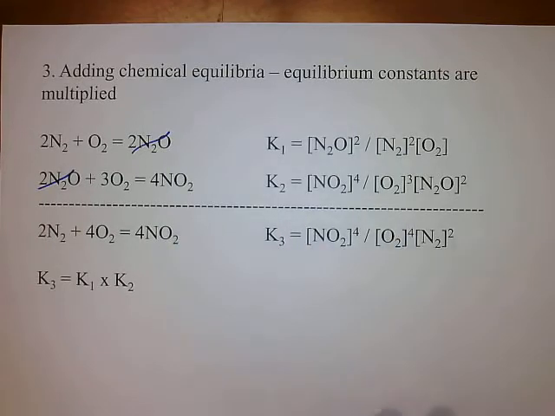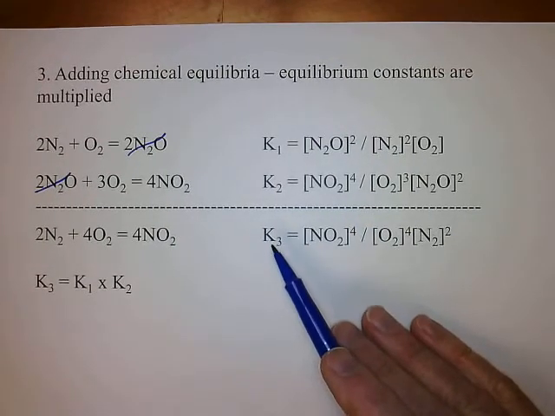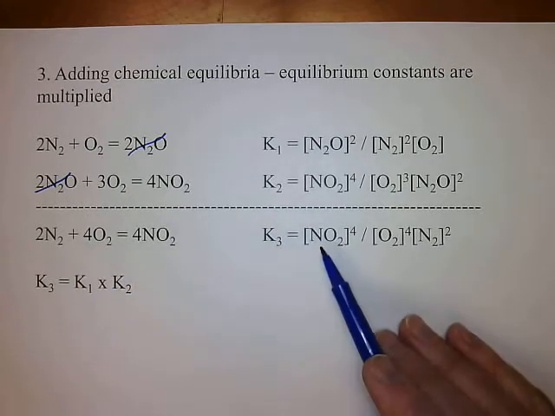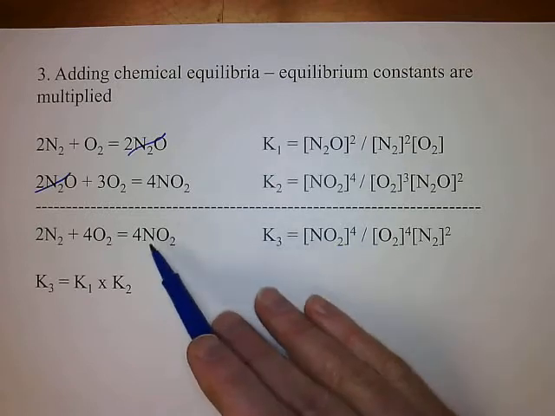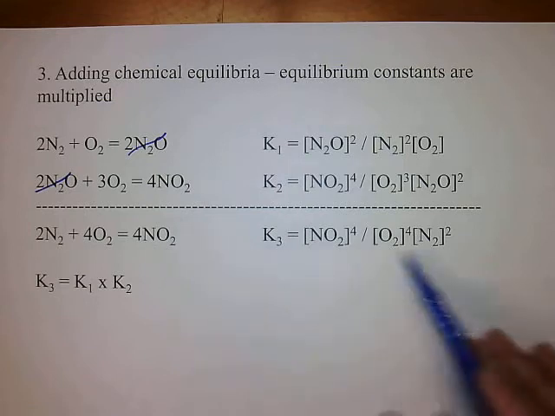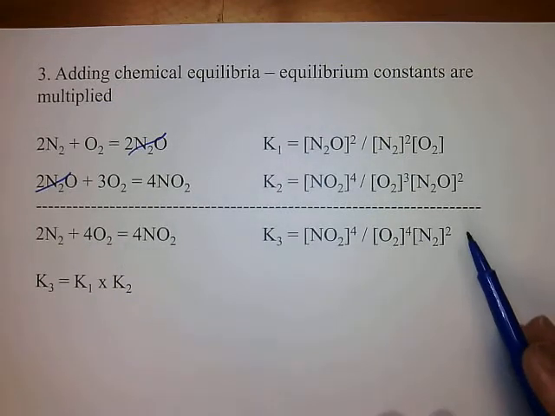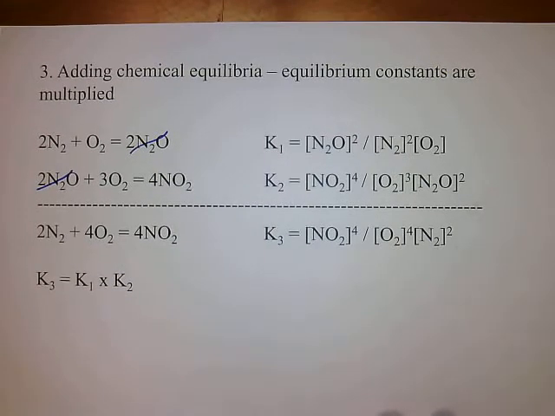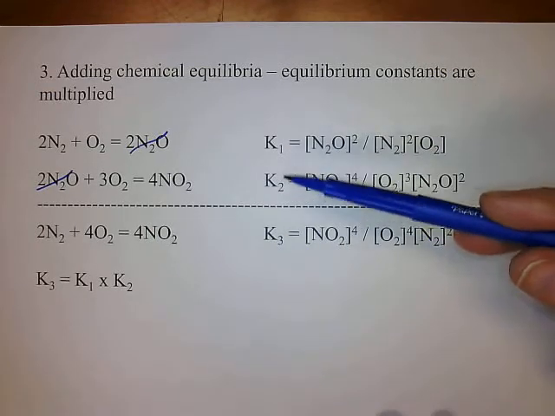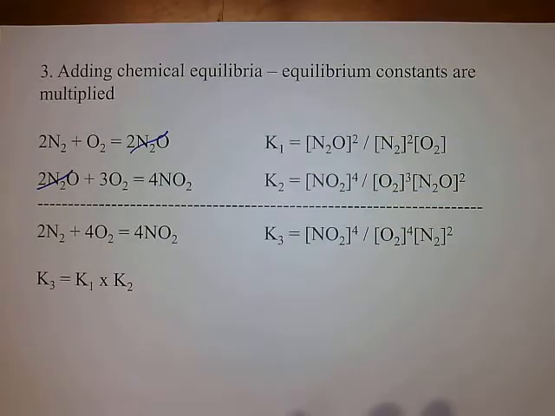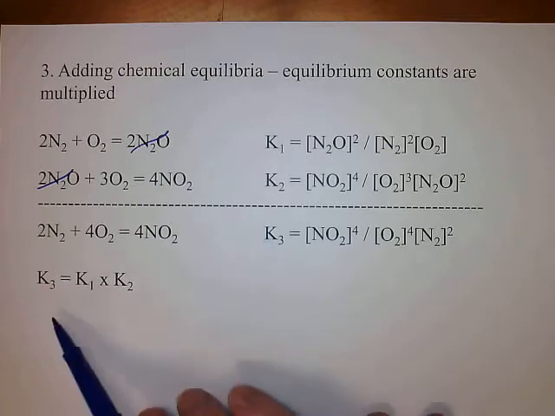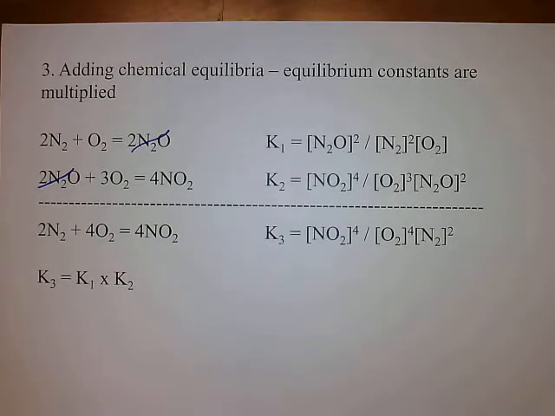And if we write the equilibrium expression for this reaction, it's NO2 to the 4th power divided by O2 to the 4th power times N2 to the 2nd power. So this equilibrium constant is the product of these first two equilibrium constants. In other words, K3 is K1 times K2.